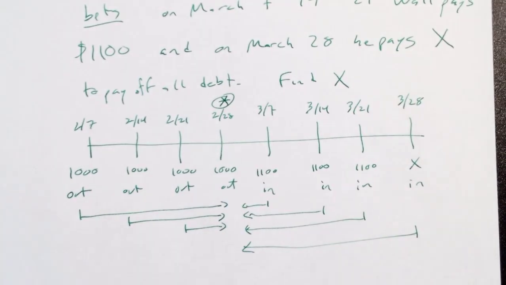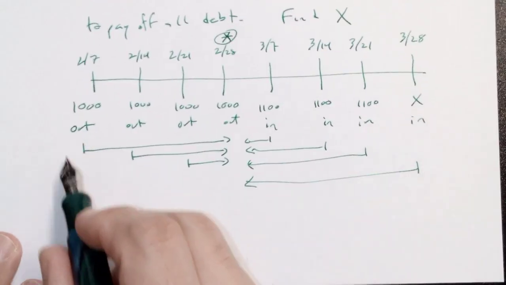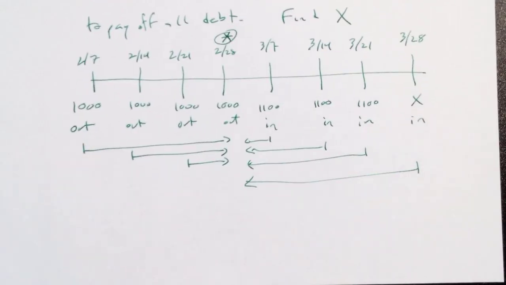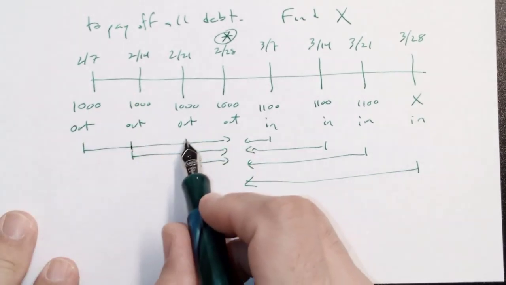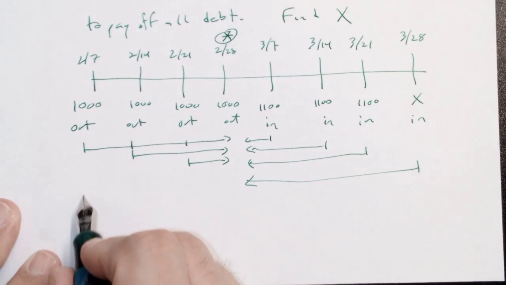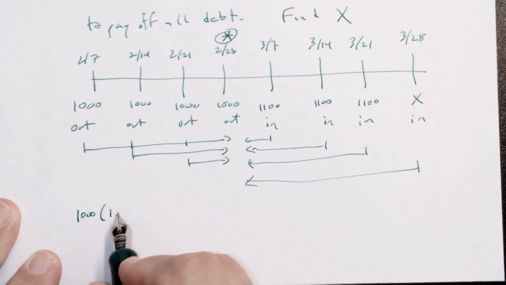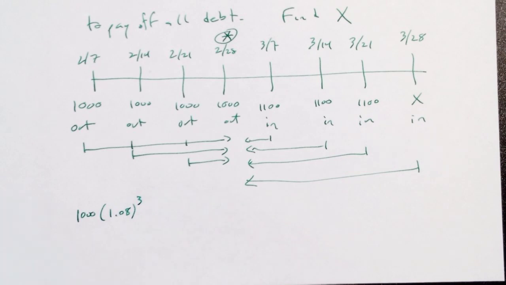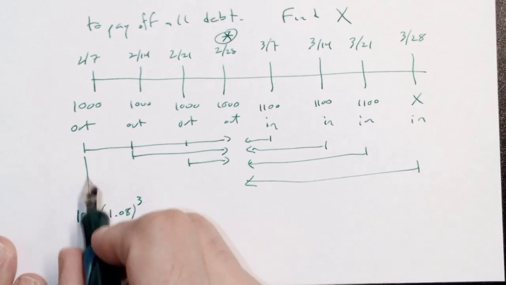So this payment is going forward in time. This $1,000 goes forward 3 weeks, right? 7th to the 14th, to the 21st, to the 28th. And we're earning interest, being charged interest, at 8% per week. So the future value of this is 1,000 times 1.08 cubed. That's this one.